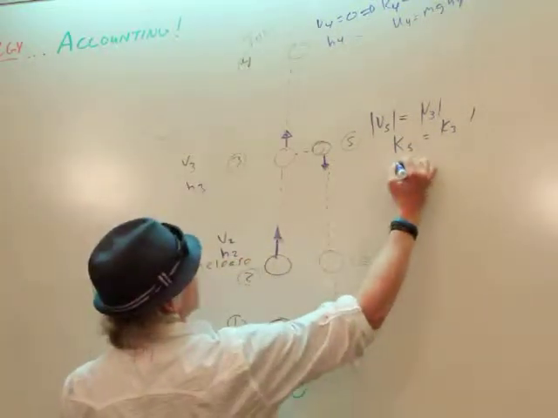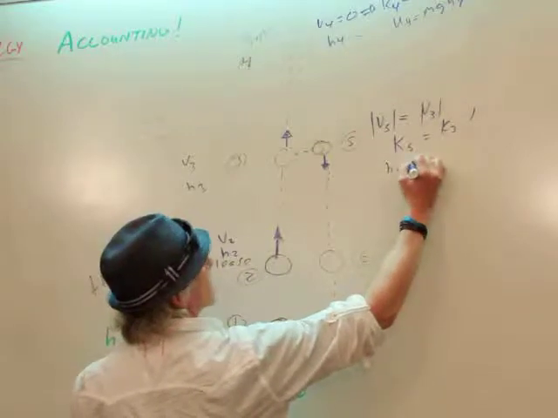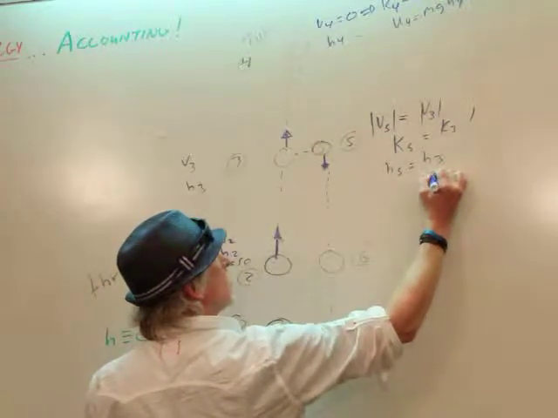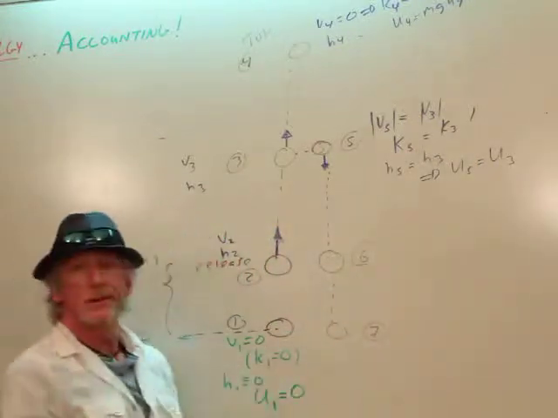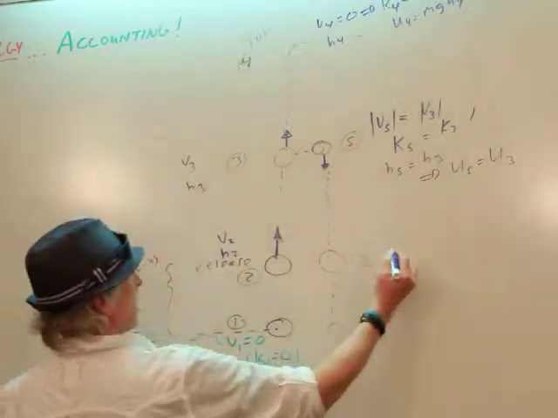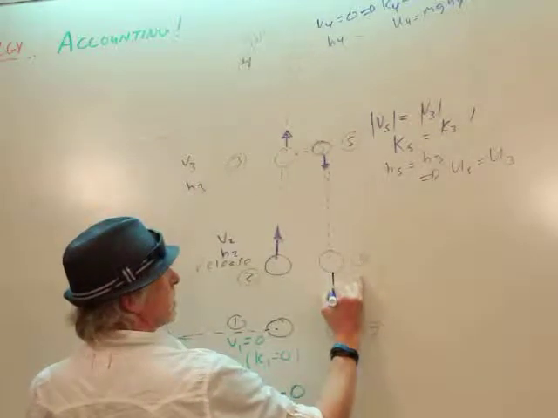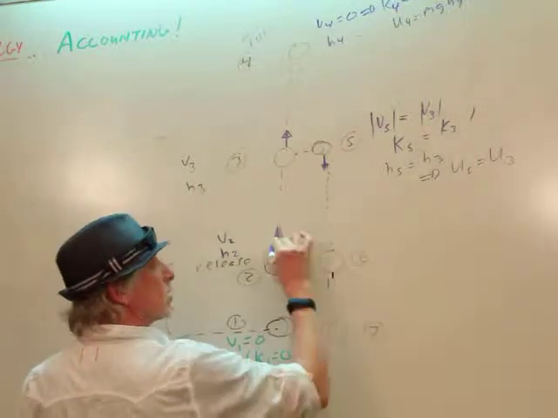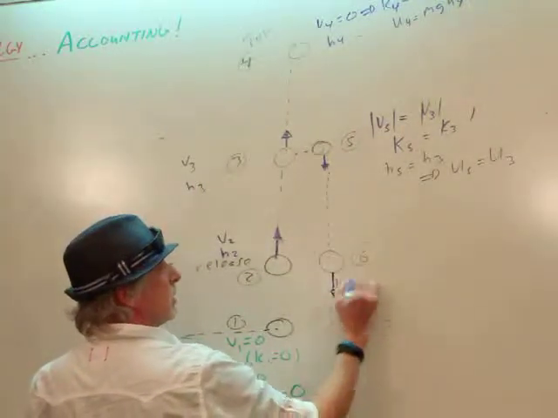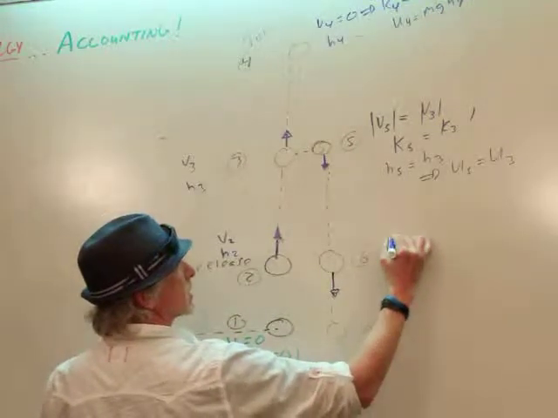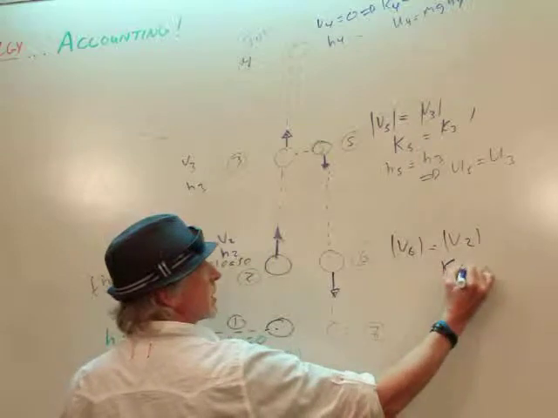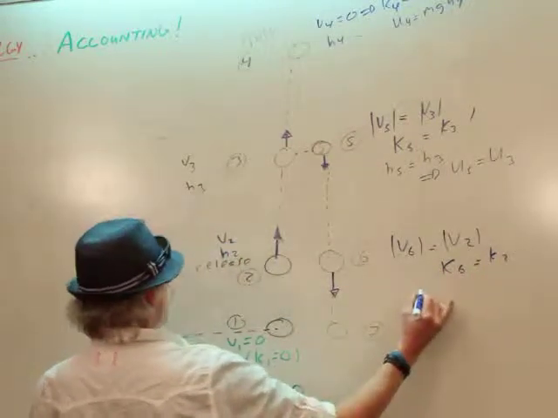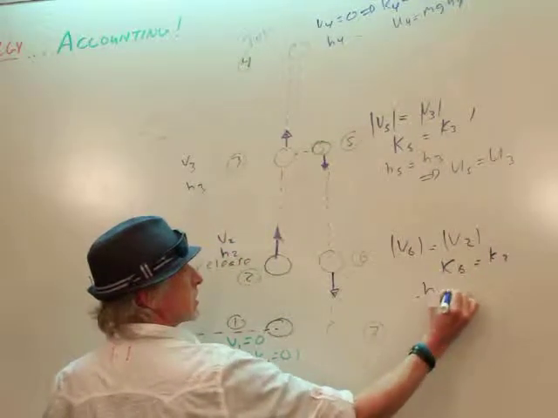And then whatever, H5 is equal to H3, so potential energy at 5 equals potential energy at 3. I'm just writing down things I know. And then 6 is coming on down here. Now you released it here, so this will be the same speed, right? So V6 equals V2, and K6 equals K2, and I've got H6, etc.